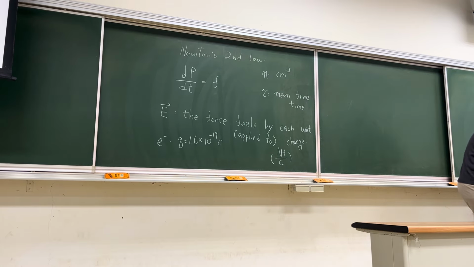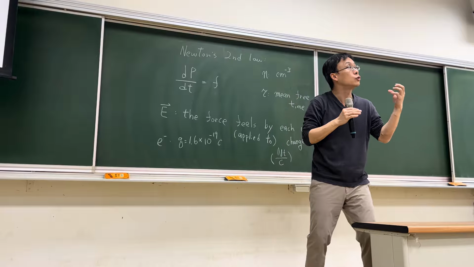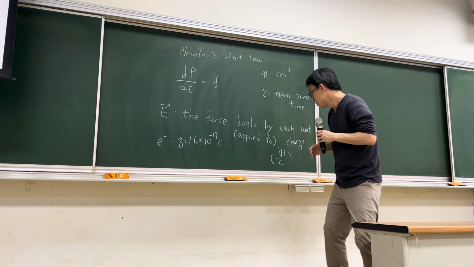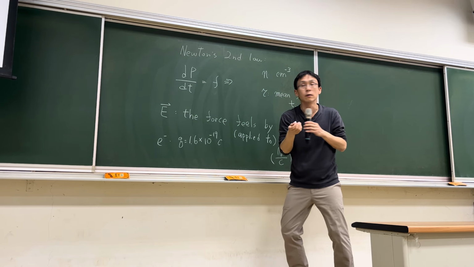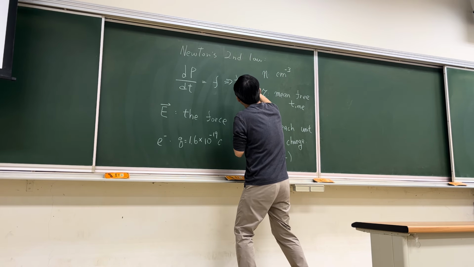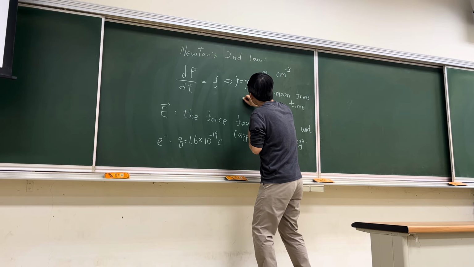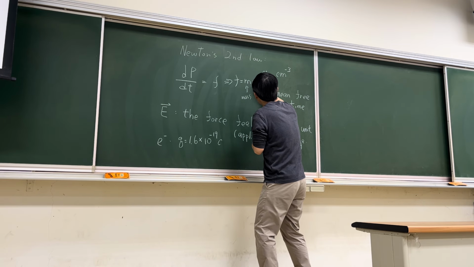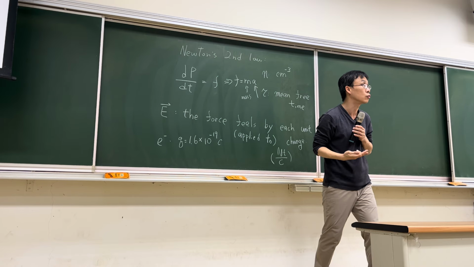So imagine if you apply a certain force to the electron, according to Newton's second law, this can be written as F equals ma, right? M is the mass, 质量, right? What is a? Acceleration, 加速度, right?